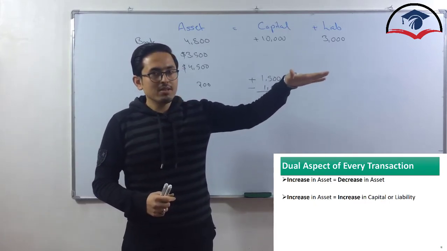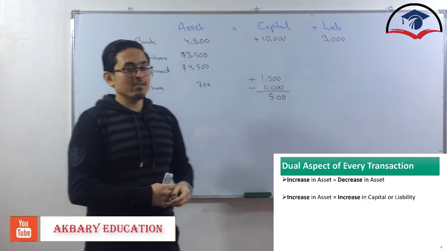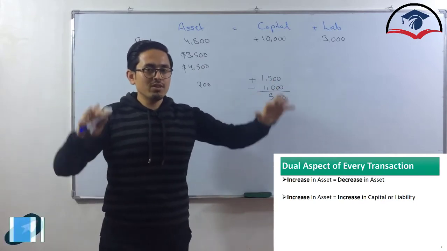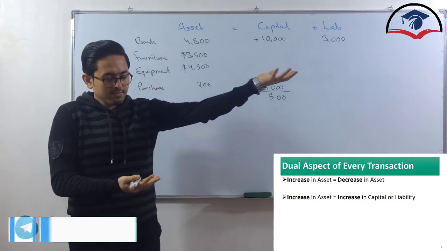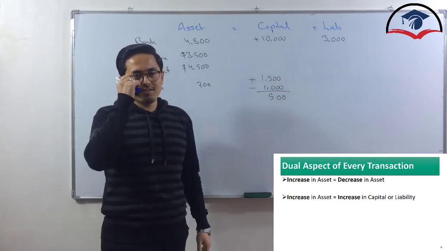The level of liability will decrease, and of course the level of cash will also decrease. So both sides will increase or both sides will decrease. The same with capital he invested: the level of capital increased, and the cash available inside the business has also increased. This is the secret of that.